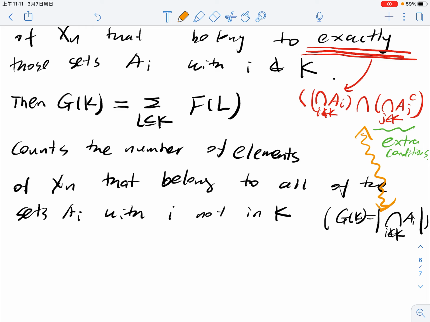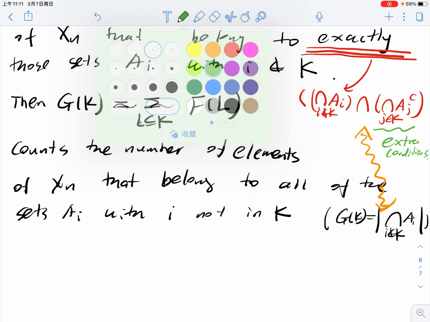Note that the condition on the set has been weakened. So that's the purpose.